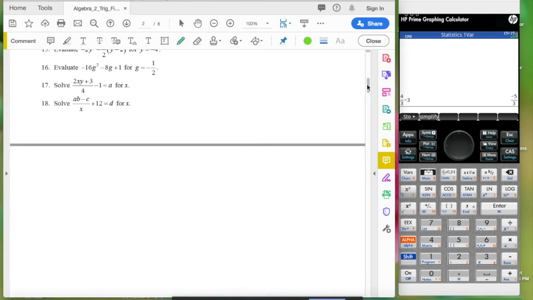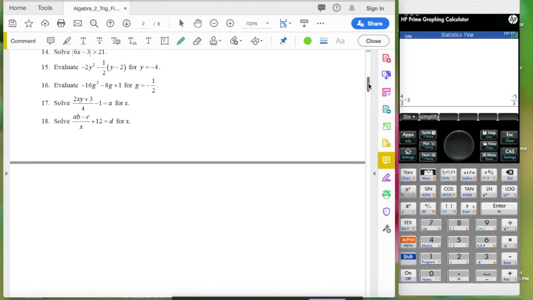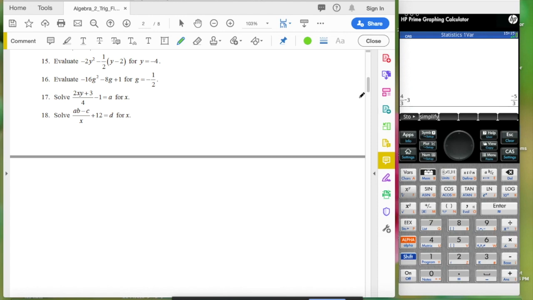Okay, so now we're going to do 15 and 16. So 15 says evaluate negative 2y squared, blah, blah, blah, for y equals 4. Guys, this is just plugging it in. All right.